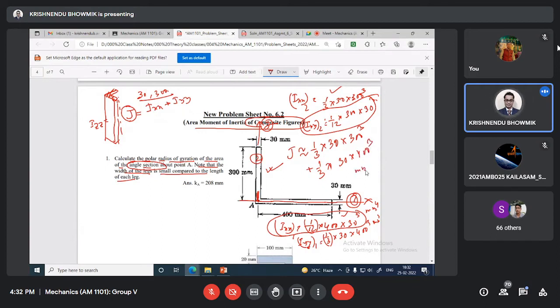This is millimeter power 4. That is more. This assumption is okay for us.